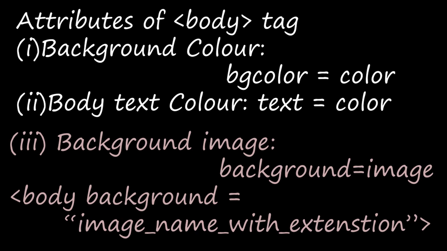The file name of that particular image should be given inside this body tag, right? Inside the body tag, you will give body background is equal to, and then the file name of that particular image, right? You can either give it inside double quotes, or if you are not giving the double quotes also, no issues. You will get the same result.